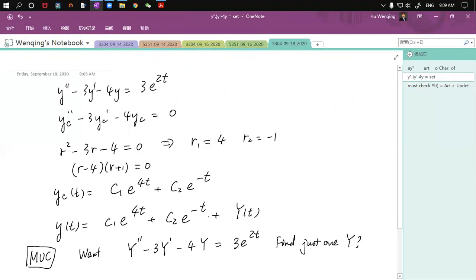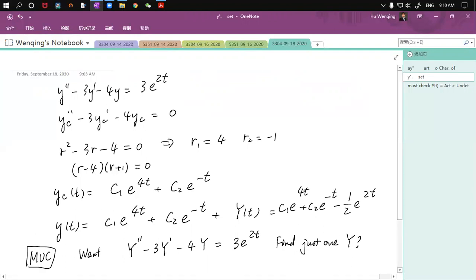So once you have this solution, you know the general solution is C1 e to the power of 4t plus C2 e to the power of minus t minus 1/2 e to the power of 2t. So this is a typical way to find a solution via the method of undetermined coefficients. Basically, if the right-hand side is an exponential function, you should try an exponential function with the same exponent as the original exponential function, but with some unknown coefficient in front.